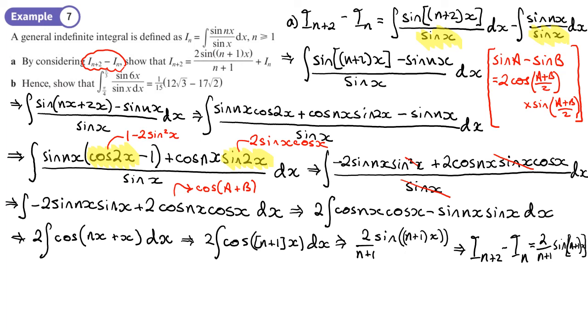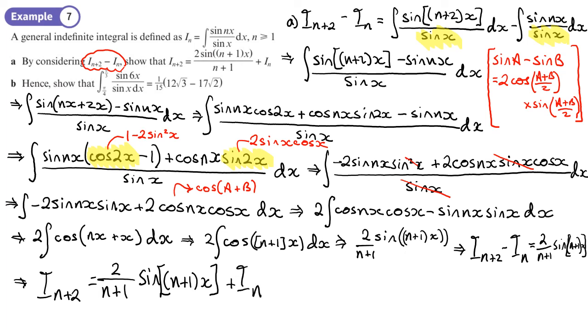So we can add I sub n to both sides, and we end up with I sub n plus 2 is equal to 2 over n plus 1 times sine of (n plus 1) times x, plus I sub n, as required.